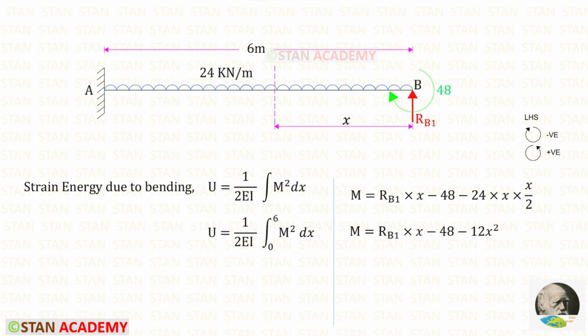The uniformly distributed load 24 is also acting in the clockwise direction, so it is also negative. We know that with the uniformly distributed load, we have to multiply the distance and then the distance by 2. x into x, it will be x square. 24 upon 2, it will be 12.